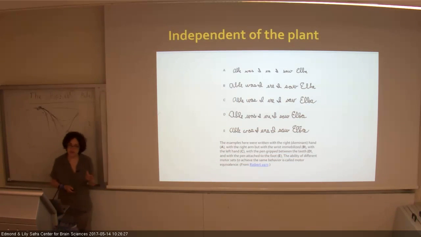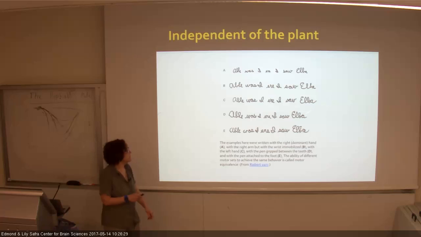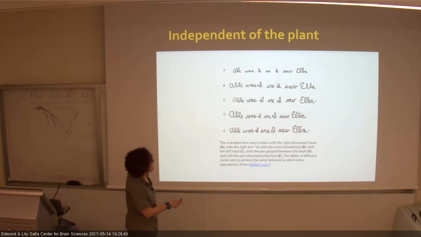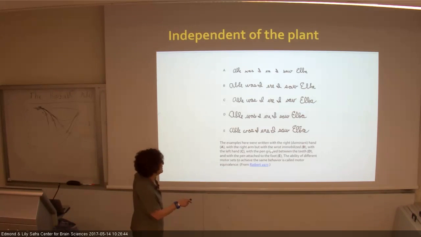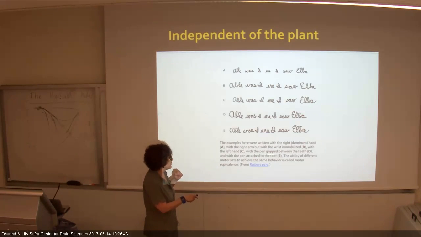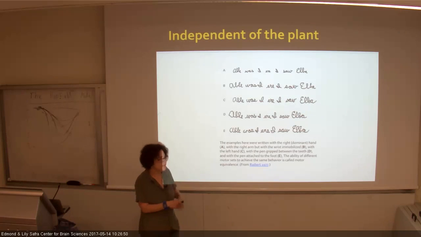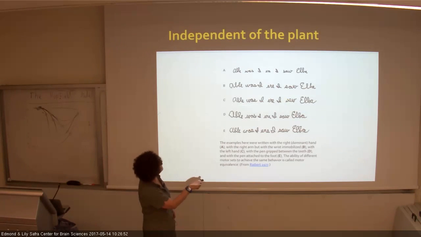The other thing, and I think Matti already showed this to you, is that no matter which effector you are using, handwriting is roughly similar. So using the right arm with the wrist immobilized, the left hand, or gripping the pen with your teeth, this is C, right?